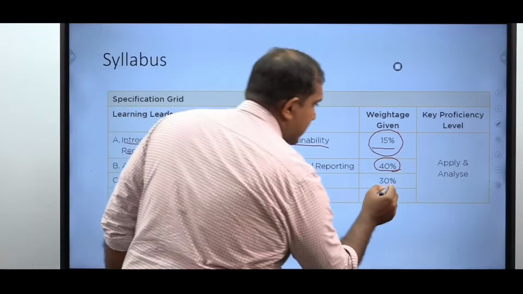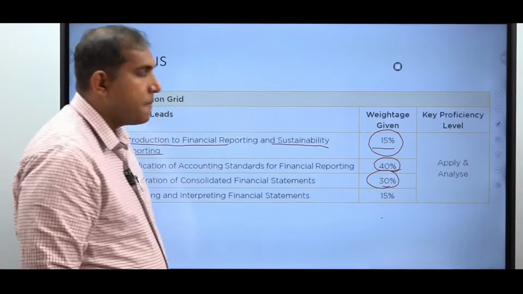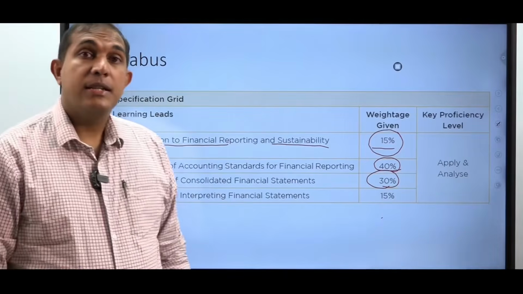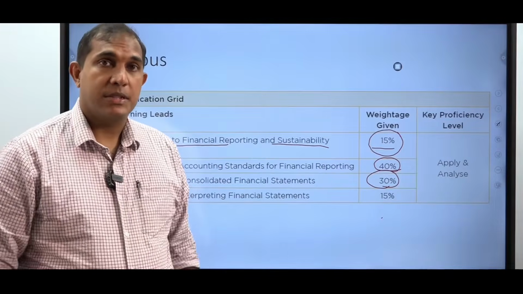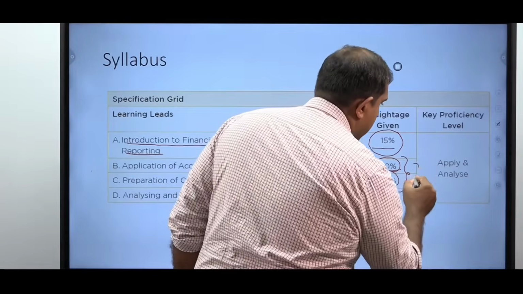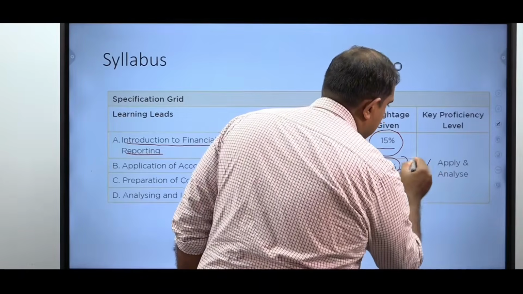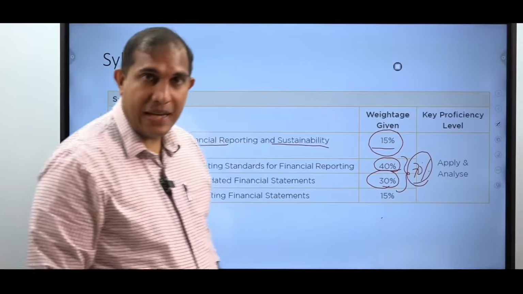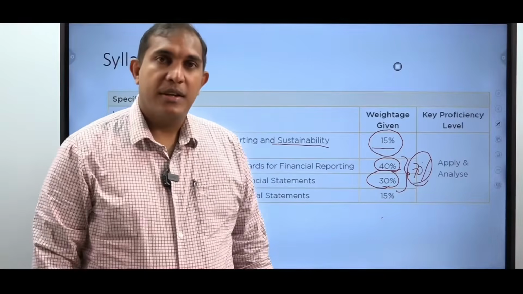So that section, you could earn 30% from the syllabus. So altogether, 70% from accounting standards in simple terms.